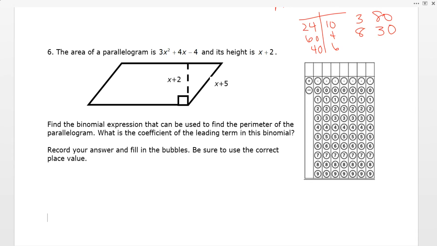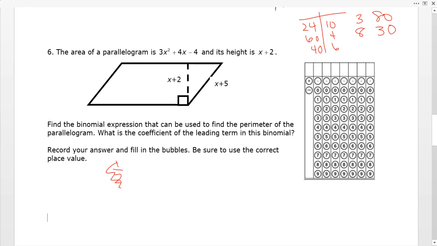We're looking for, okay. So if we have the area, 1/2... Oh, no, I don't. It's base times height.